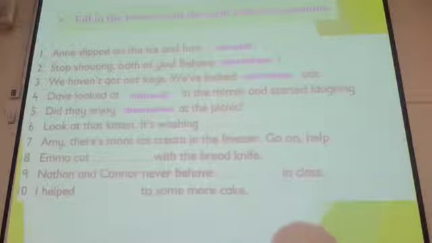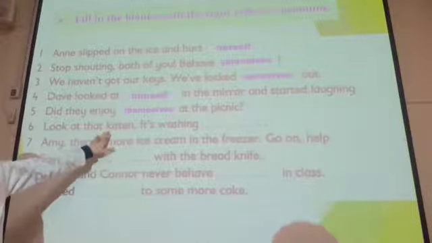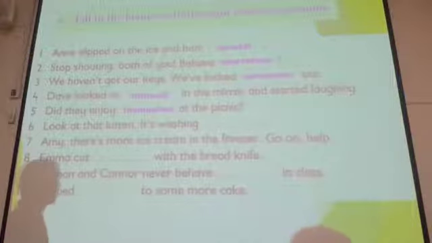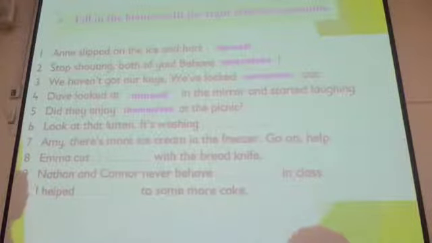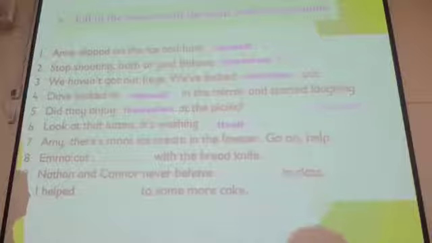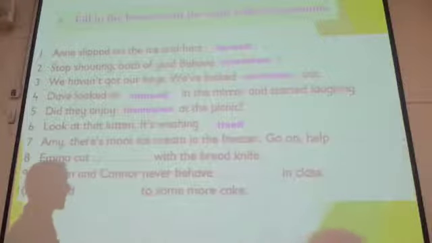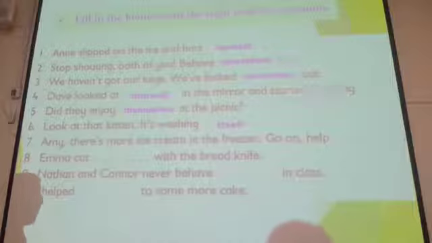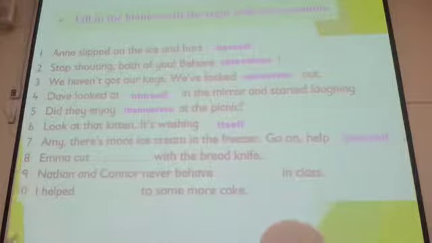Look at that kitten. It's washing. So here we are not talking about a human being. We are talking about an animal. So we're going to refer to that using what? Itself. It's washing itself. Amy, there is more ice cream in the freezer. Go on. So I'm talking to someone. Go on and help yourself. That's fine.